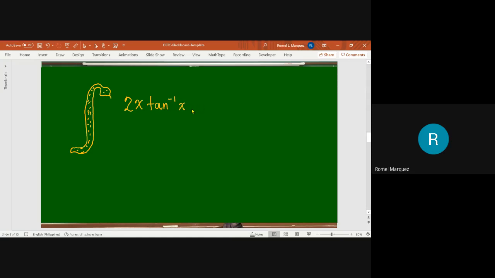Yan, dx, then x squared plus 1 quantity square, 1 minus tangent, 5, no? 5 tangent inverse of x. Yan. O, see? Although very nice the problem. Oh, it's like a snake. So it means it is really challenging.